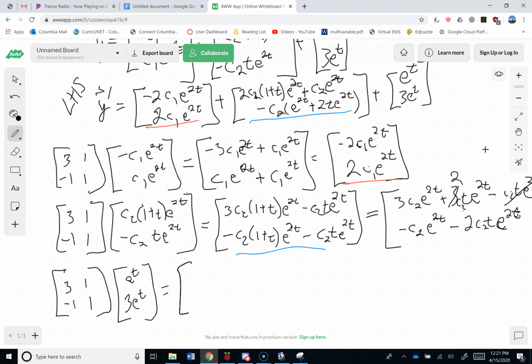So I get 3 e to the t plus 3 e to the t, and minus e to the t plus 3 e to the t. And so I got 6 e to the t and 2 e to the t.